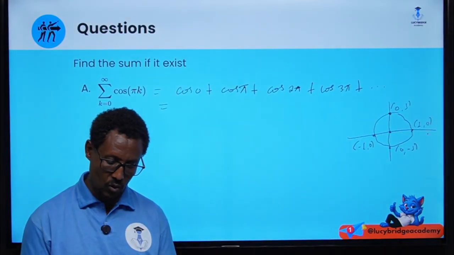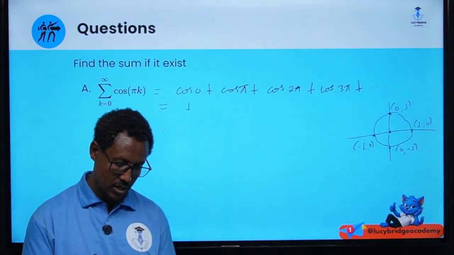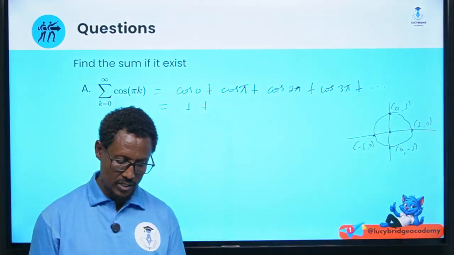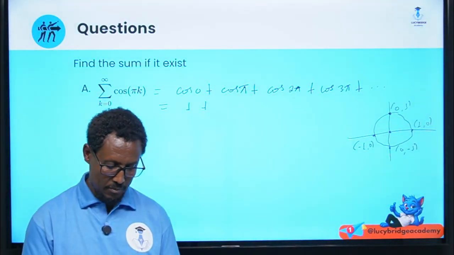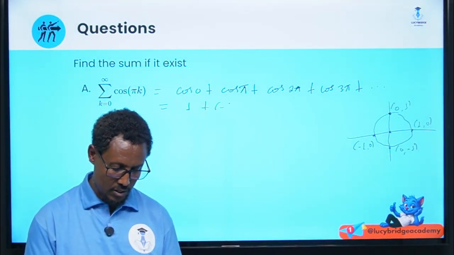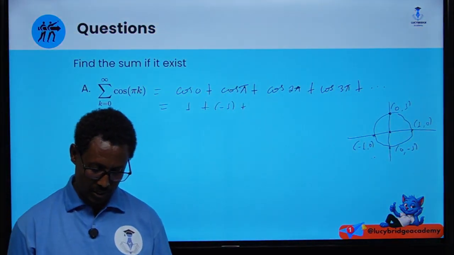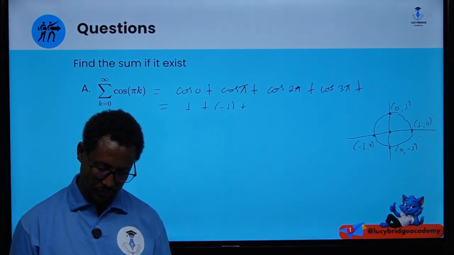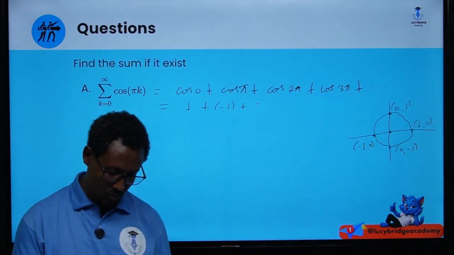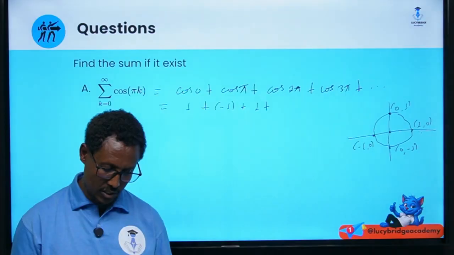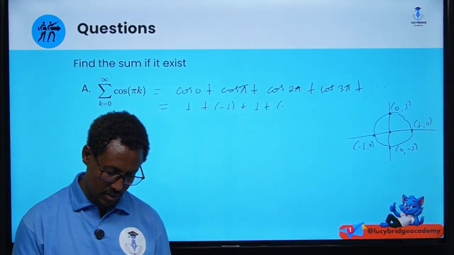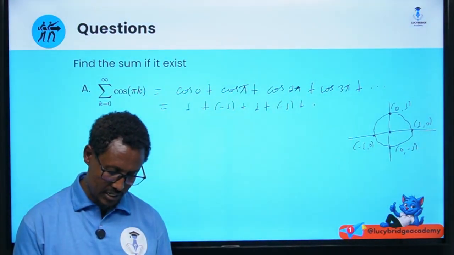Anyways, what is cos 0? Cos 0 is 1. Okay, 1 plus, what about cos pi? Cos pi is minus 1. Minus 1 plus, what about cos 2 pi? Cos 2 pi is 1, plus cos 3 pi is minus 1. Plus it continues like this.